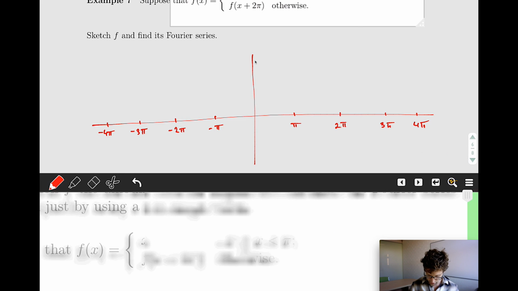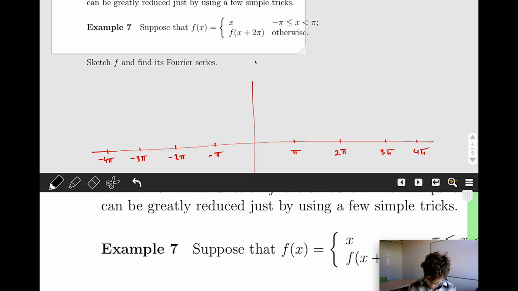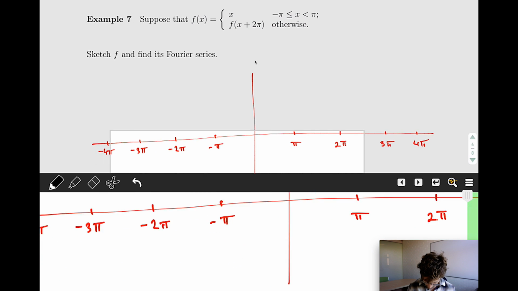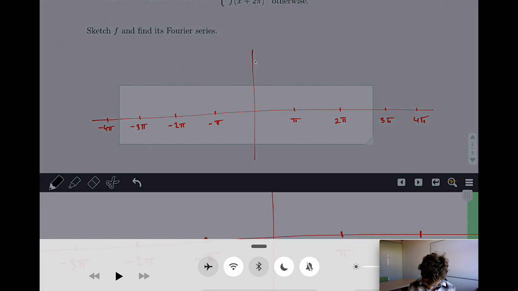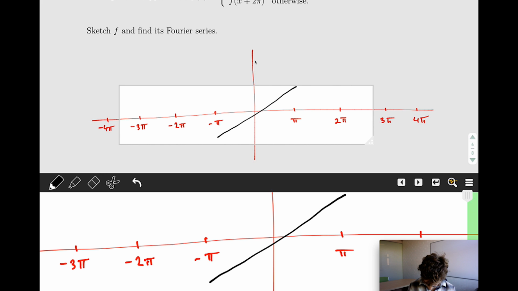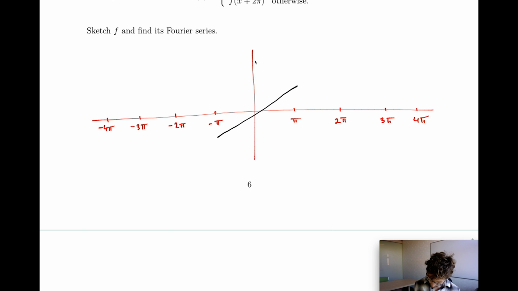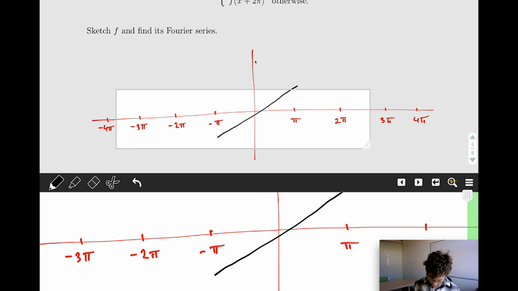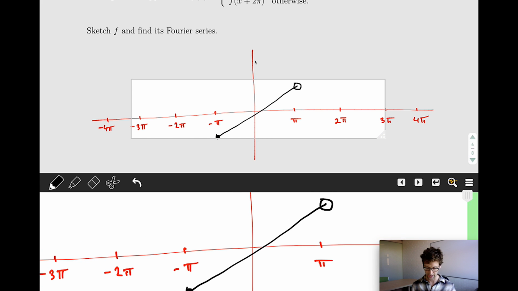And this is a function that is defined between minus pi and pi to just be the increasing function x. So it'll do something like this, where we include this value, but we're not including this value. And then this is the basic unit that we'll just repeat again and again.